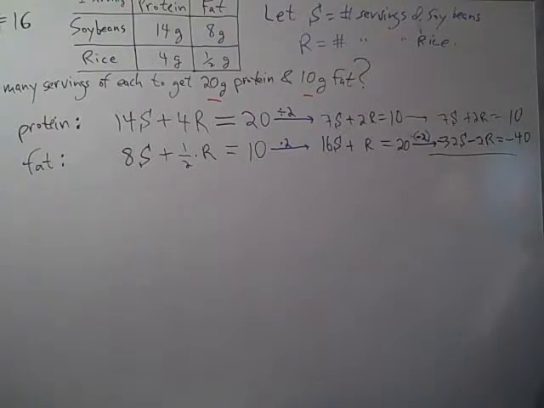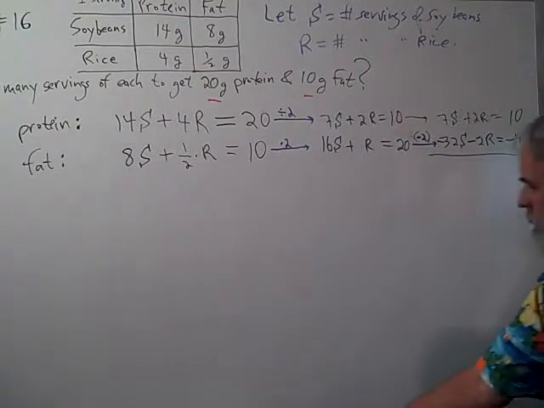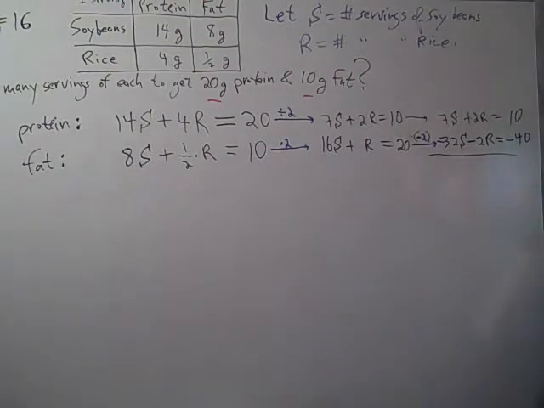Adding these two equations, we end up with negative 32 S's plus 7 S's. That's negative, let's see, 32, so that's negative 25 S's. The R's cancel out. Minus 40 plus 10 is negative 30.